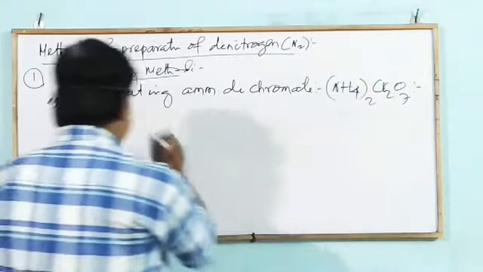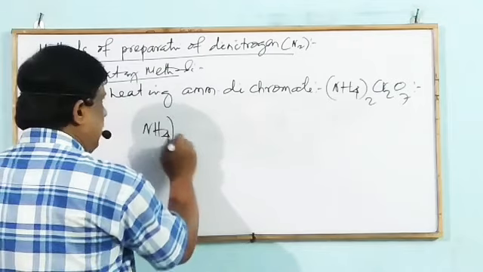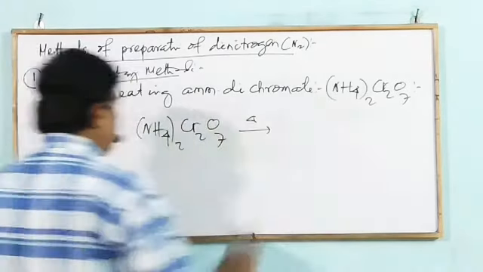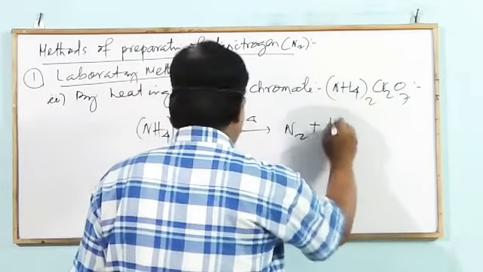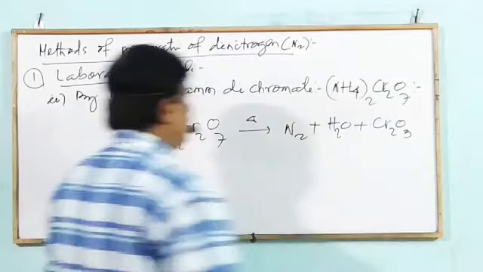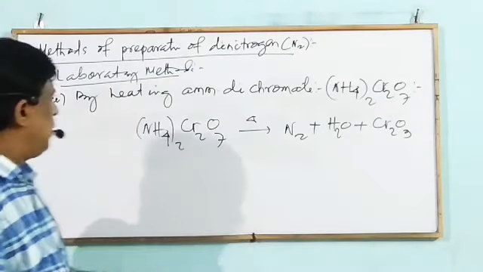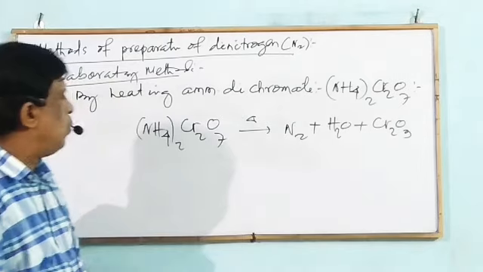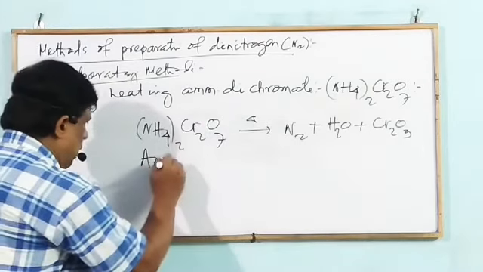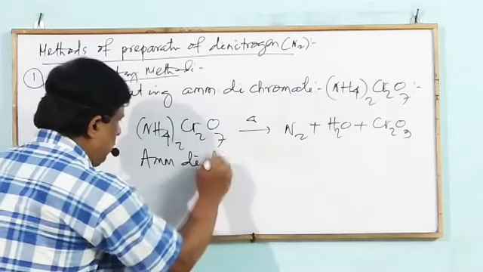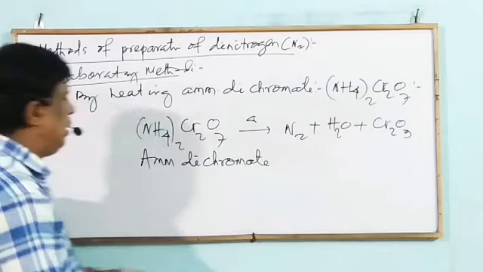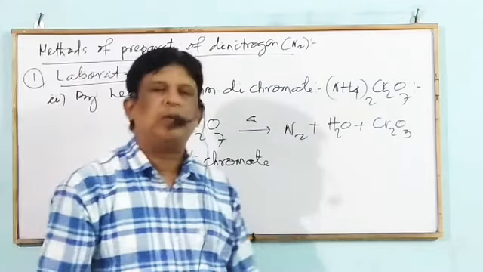Mark that. When ammonium dichromate is strongly heated, it results in the formation of N2 plus 4H2O plus chromium oxide Cr2O3. Mark that. It is the second method, by heating ammonium dichromate, which results in the formation of dinitrogen.